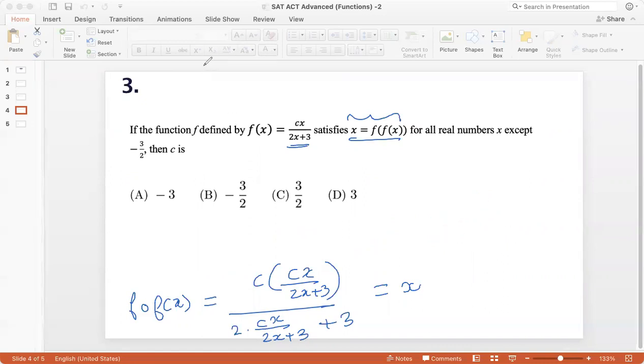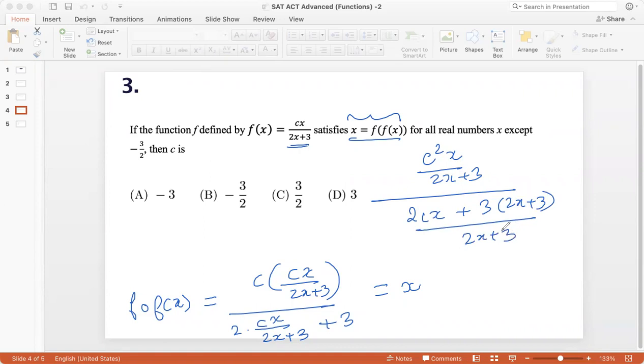So I have c²x/(2x+3) divided by (2cx + 3(2x+3))/(2x+3) is x. I took the LCM and added them. So this 2x+3 and 2x+3 will cancel.